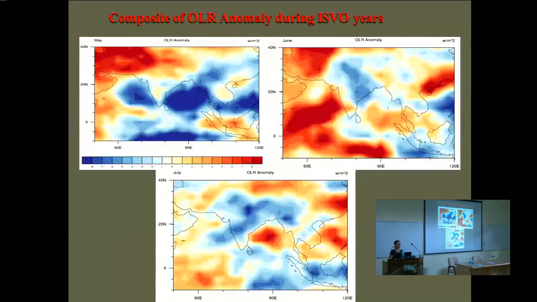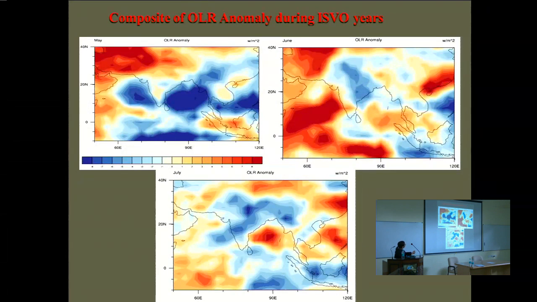These are the composite OLR anomaly curves. You can see negative OLR anomaly over Southeast Arabian Sea and over Bay of Bengal.